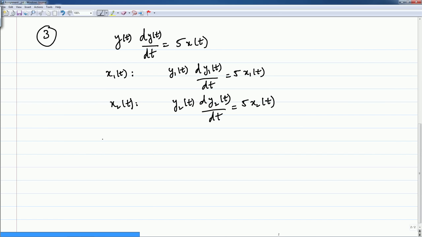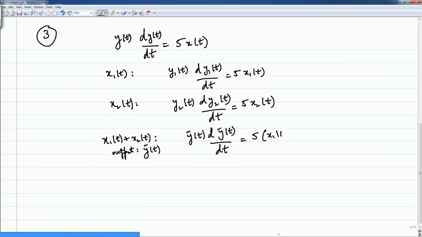On the other hand, if the input is x1 of t plus x2 of t, then let us say the output corresponding to this, we need a notation for that. The output corresponding to this, let us say, I will call it y tilde of t. Then you will have y tilde of t times d y tilde of t by dt equals 5 times x1 of t plus x2 of t.